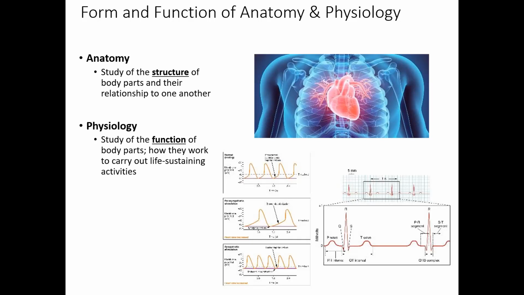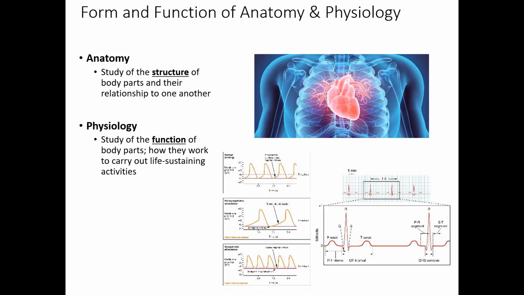This is structure of body parts. Physiology, which is actually my personal favorite, is how do they work? What's their function? What are the chemical reactions that take place in your body? Why does a healthy individual that eats an apple see a rise in their blood sugar about a half an hour later and then watch it come back down without having to do anything about it?